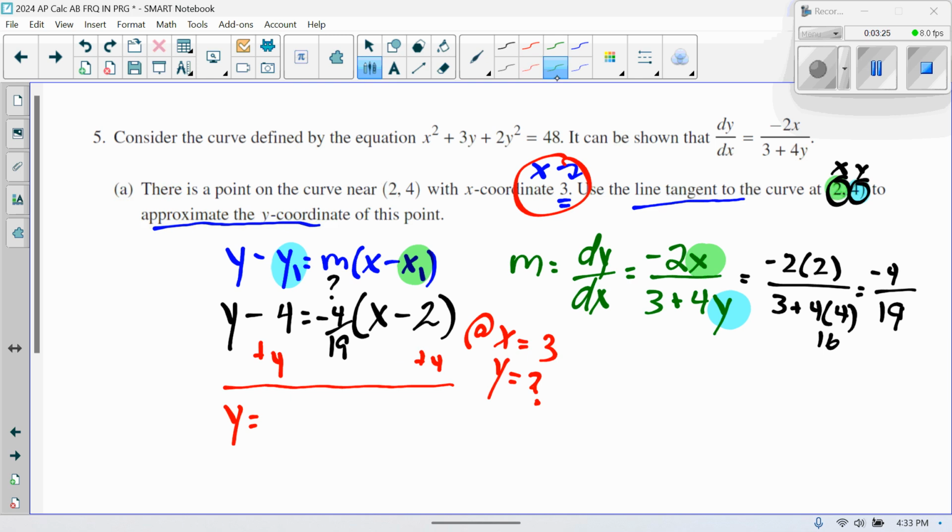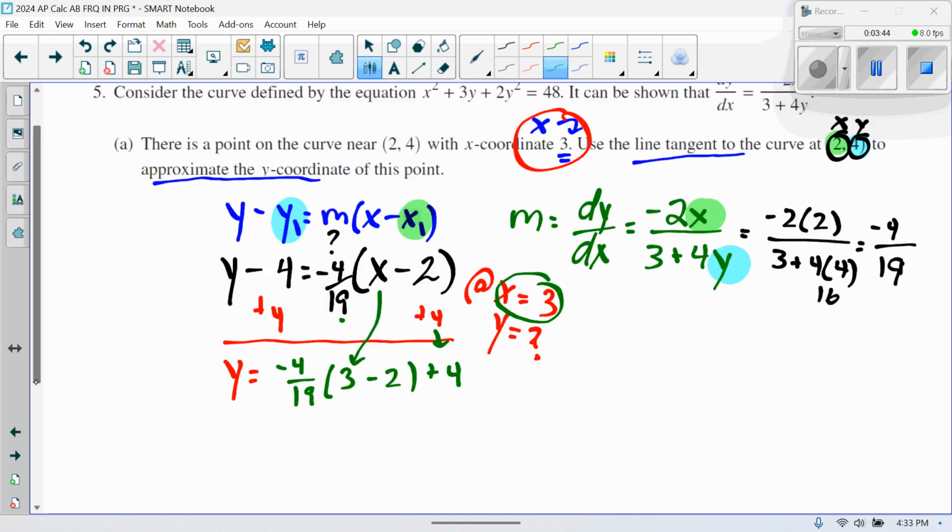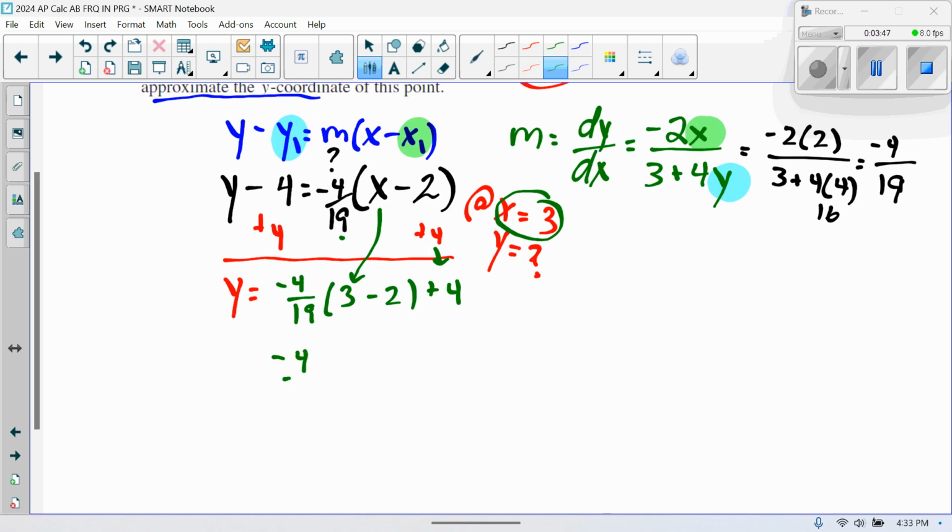We have negative 4 over 19 times 3 minus 2, because my x is 3. And we still have a plus 4 that we brought over to this side. So negative 4 over 19 times 1 plus 4, which is just negative 4 over 19 plus 4. Oh, they can't make it easy for us, right?